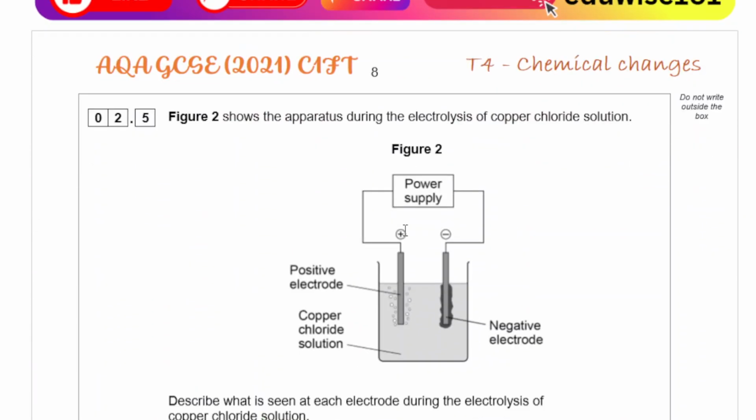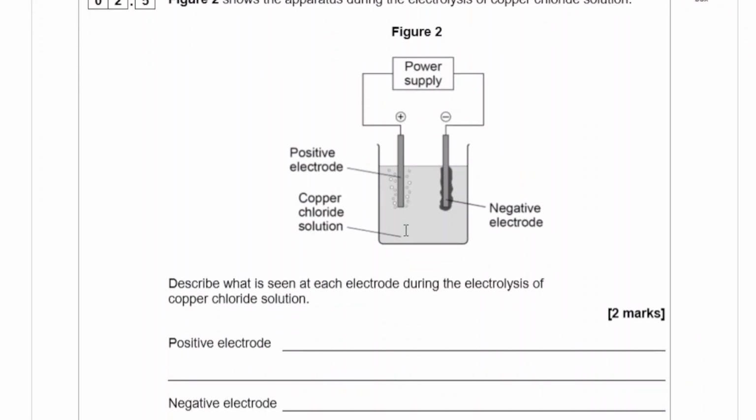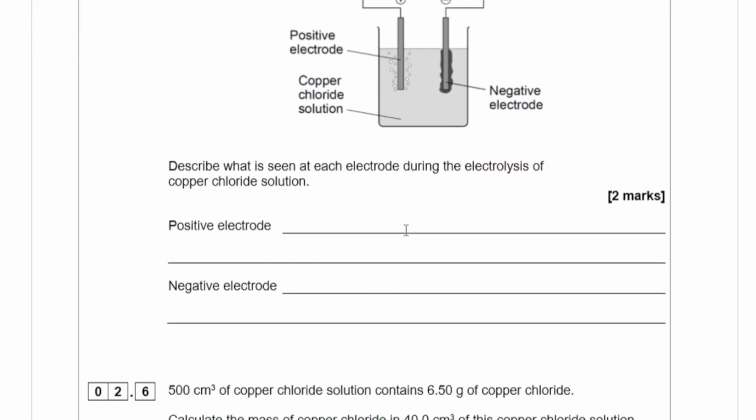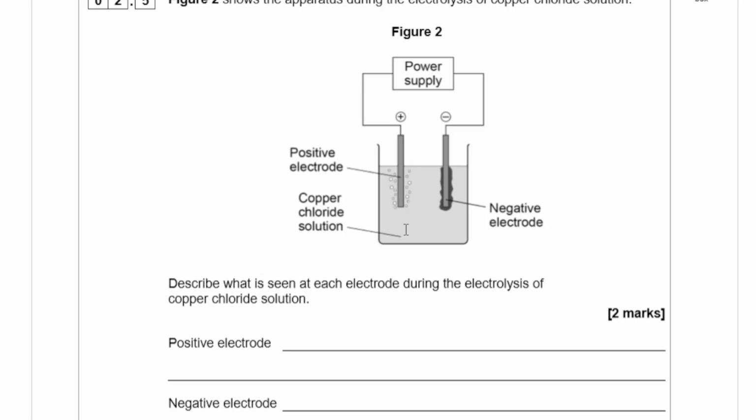Figure 2 shows the apparatus during electrolysis of copper chloride solution. Describe what is seen at each electrode during the electrolysis of copper chloride solution. Now, as you can see from the diagram, it looks like there's bubbles of gas being given out at the positive electrode. So remember, they've already told us the ions that are present are Cu 2 plus, H plus, OH minus, and Cl minus.